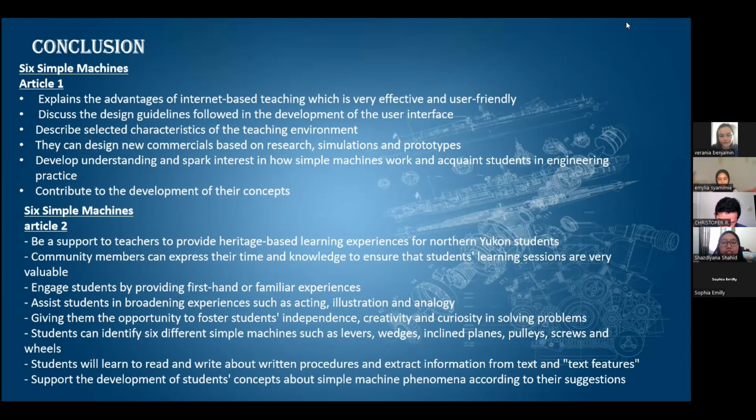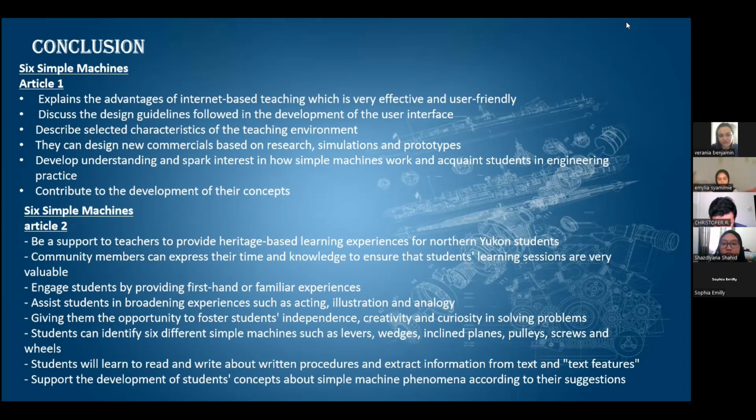This can provide opportunity for them to foster student independence, creativity, and curiosity in solving problems. In physical science, students can identify six different simple machines such as lever, wedge, inclined plane, pulley, screw, and wheel.